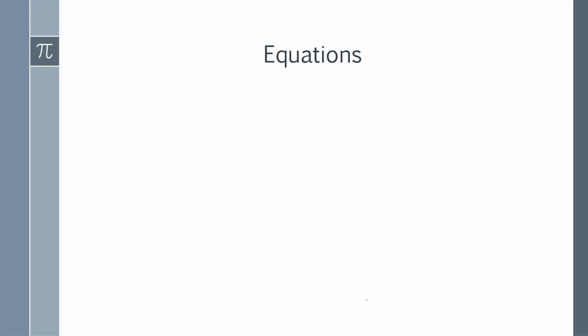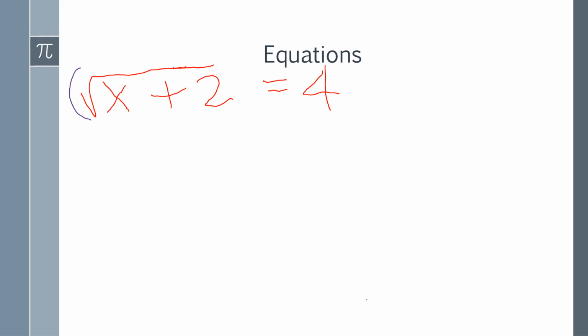Now the square root equations start with something like this: the square root of x plus 2 equals 4. This is what it starts off as. So to do this equation, we know that's to the half power, right?